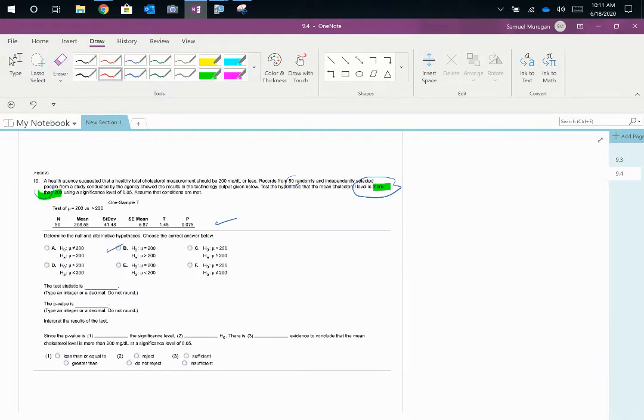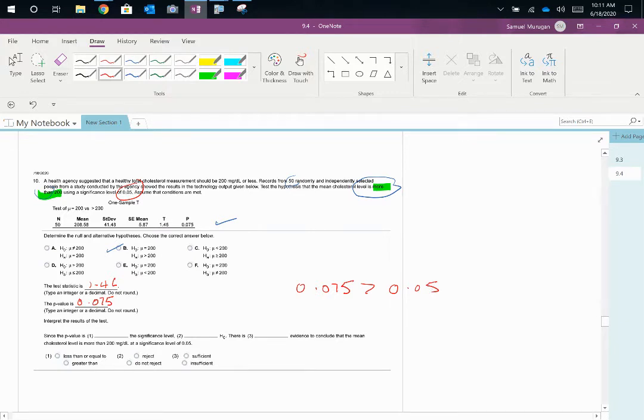From our printout here, the t-stat is 1.46. And the p-value is 0.075. So since the p-value, remember, 0.075 is greater than the given here, 0.05.